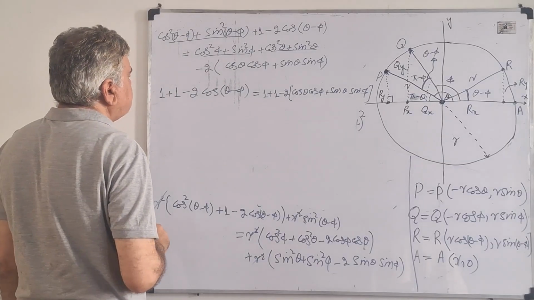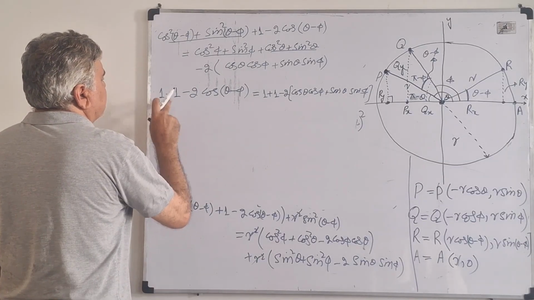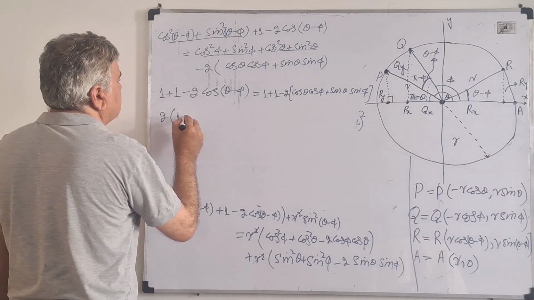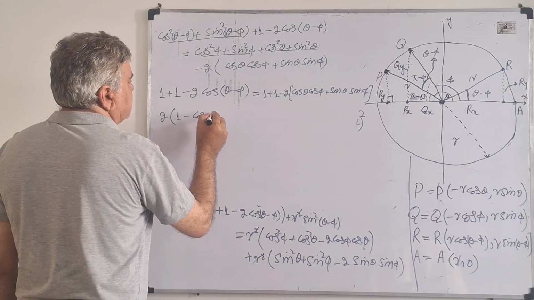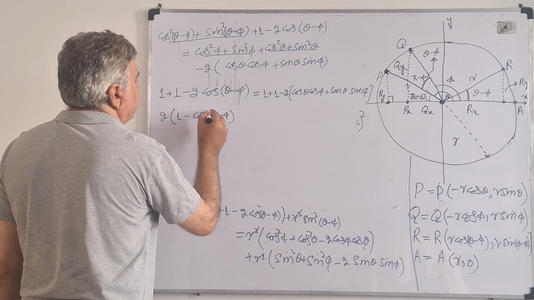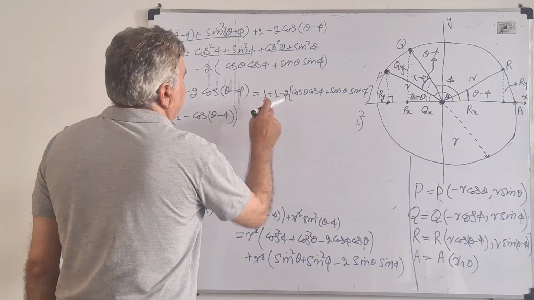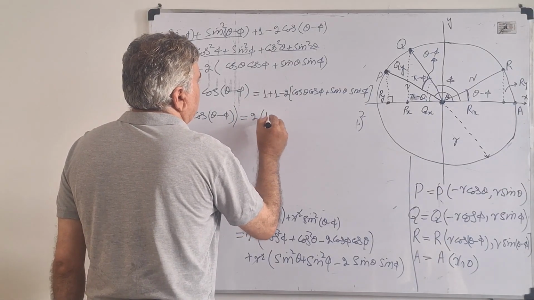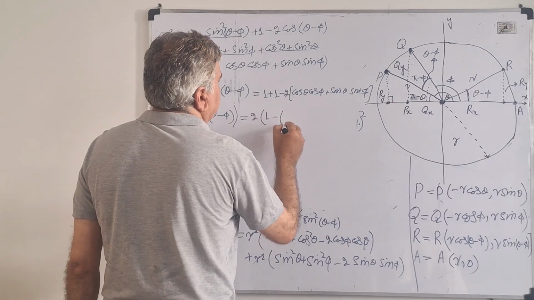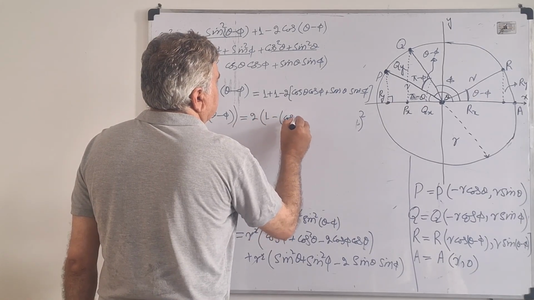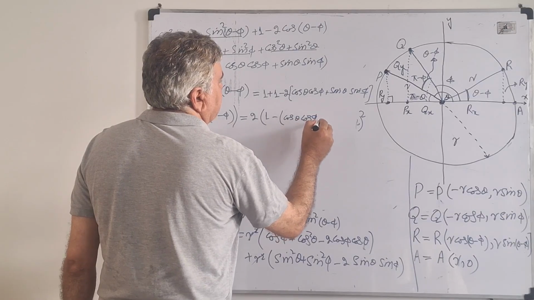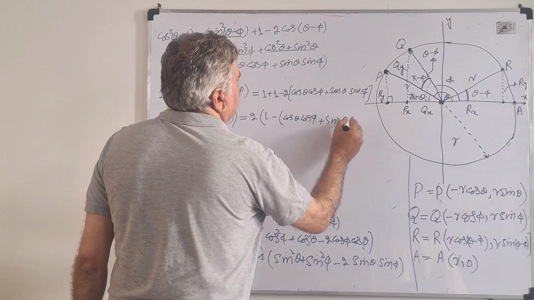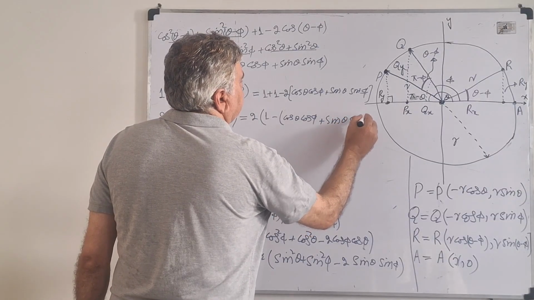Okay, or I can write this as, this is 2 and here is minus 2, so I take that common, 1 minus cos (theta minus phi), and the same I do over here, is equal to 2 into 1 minus (cos theta cos phi plus sine theta sine phi).